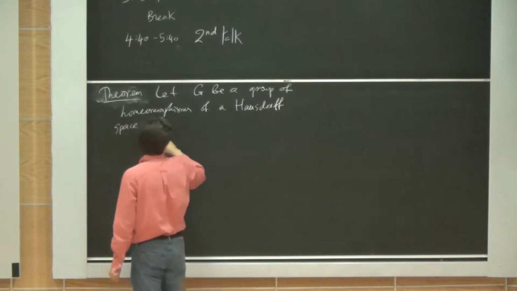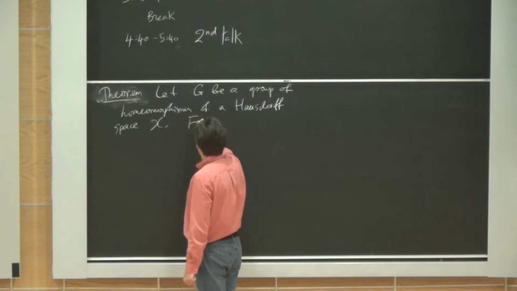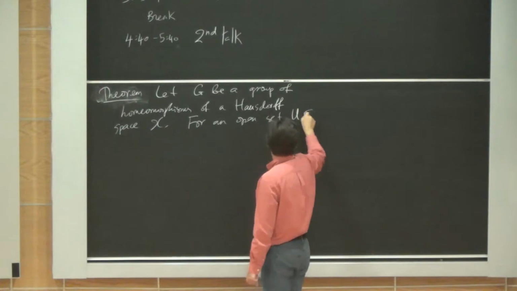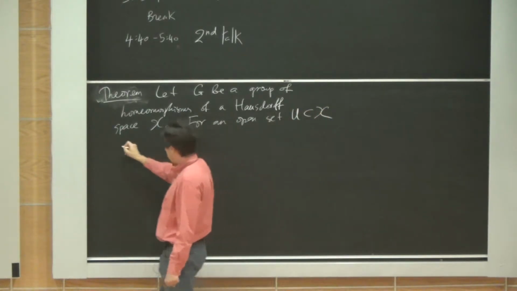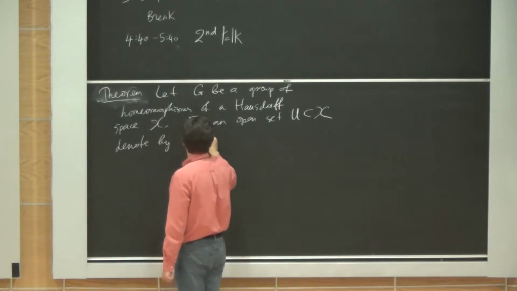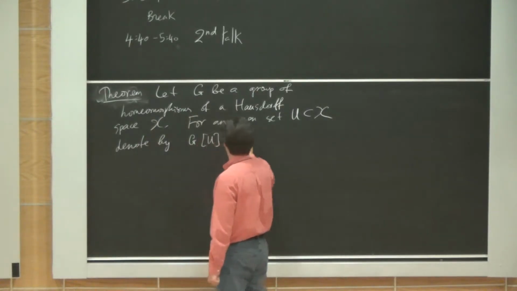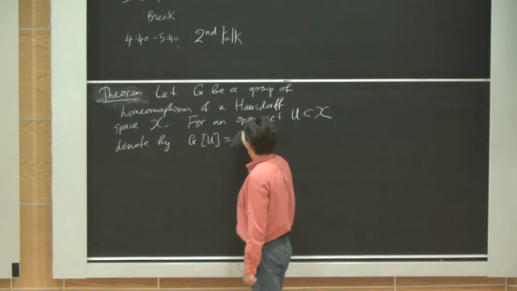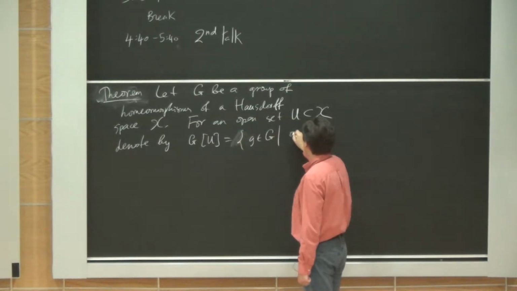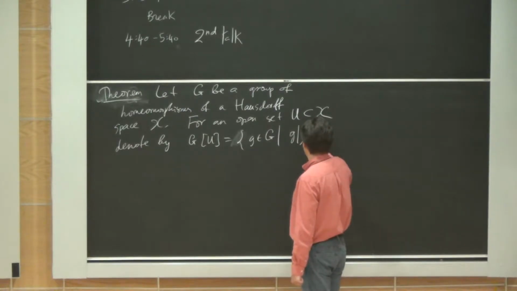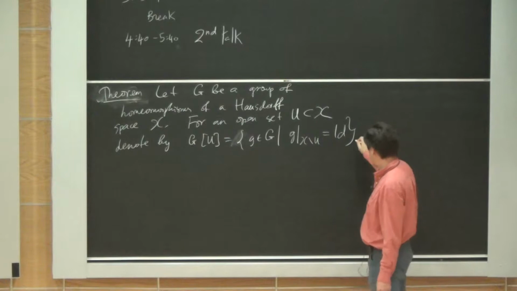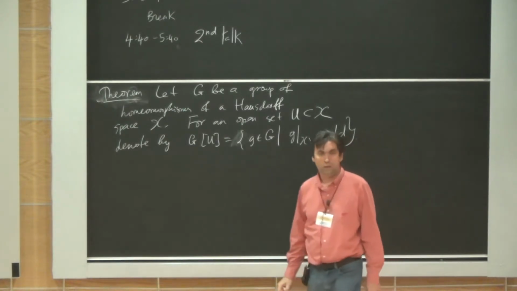For an open set U in X, denote by G[U] the group of those elements g of G such that g restricted to X minus U is the identity. So that's what Nicolas Monod called rigid stabilizers in his talk.